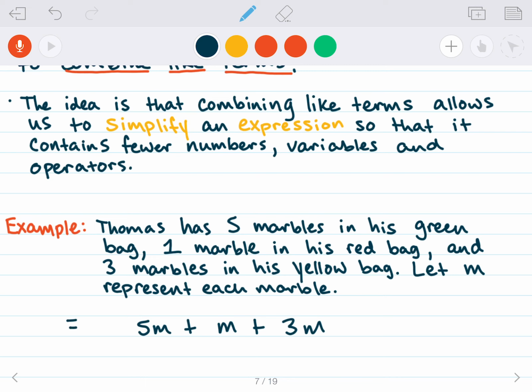And so we could say Thomas has 5M plus 1M plus 3M, or we could say this more succinctly and add all of these like terms up. What's 5 of something plus 1 of something plus 3 of something? Well, that's going to be 9 of that something. That's the whole idea of combining like terms. Because here we had 3 things to deal with, and here we only have 1 thing to deal with, right? So that's the point, to simplify your algebra.